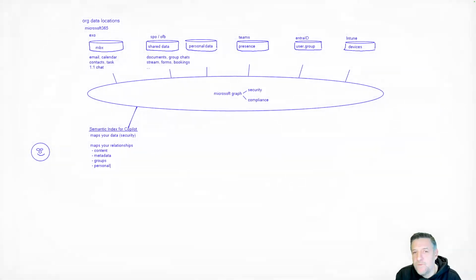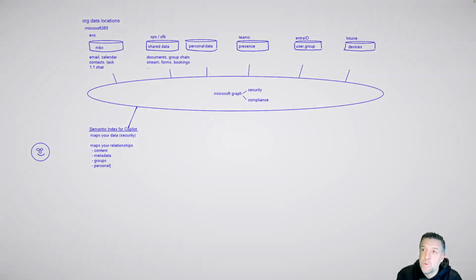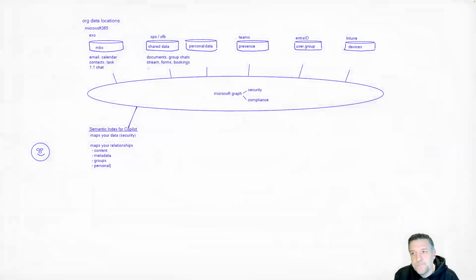Then what we can do, and that is something that the semantic index can do, is say, hey, we see that this salesperson is a member of the sales group. Now, on the same project, we have two other people that have been working on that project. And one of those people is also a salesperson, but the other one may be a construction worker, I don't know. Then it makes sense that the information being changed or being used by that other salesperson is more relevant to this person also being in sales.